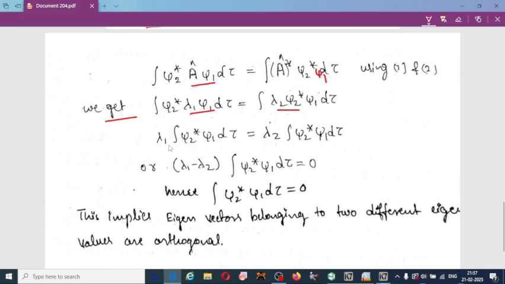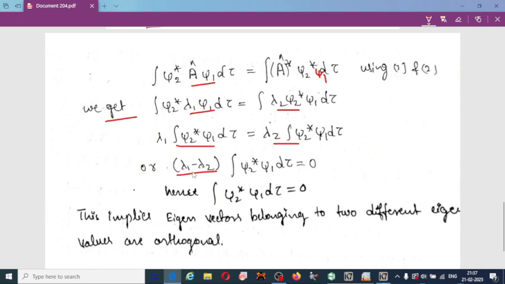Then take lambda 1 outside the integral: lambda 1 integral psi 2 star psi 1 d tau is equal to lambda 2 integral psi 2 star psi 1 d tau. Taking this to the left-hand side, we can write lambda 1 minus lambda 2 times integral psi 2 star psi 1 d tau is equal to 0.